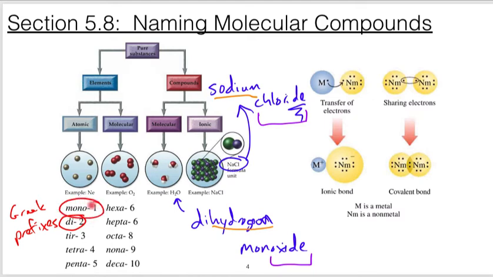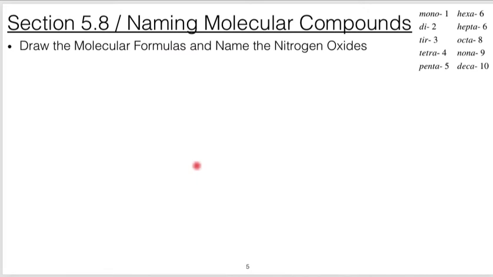Di, mono. For 2, for 1. Which, right, 2 to 1, that's just the 2 and the 1 in the formula. And that's about it. There's a few other rules. Let's illustrate that with a couple examples here. And also illustrate why we actually use these Greek prefixes for the molecular compounds.